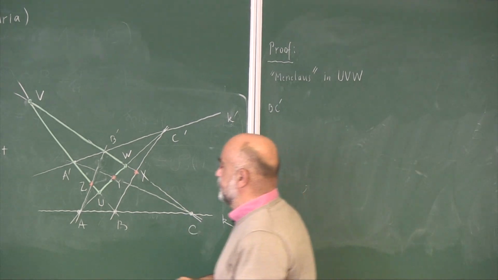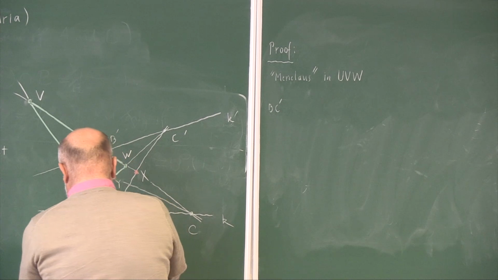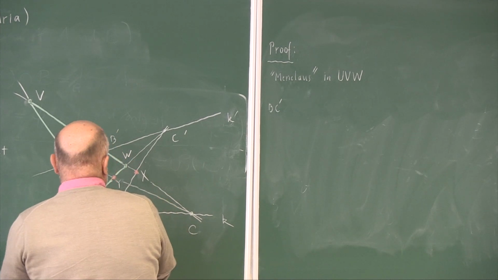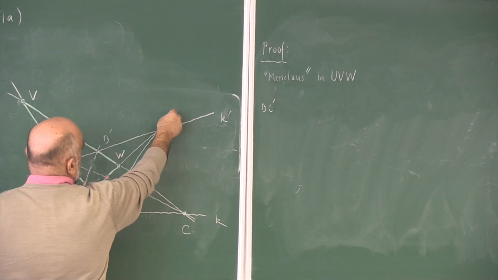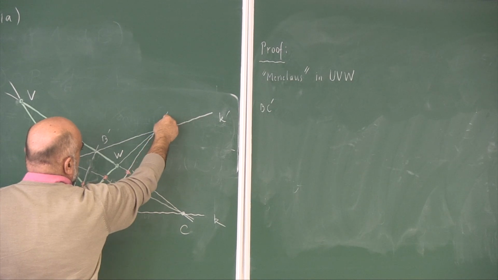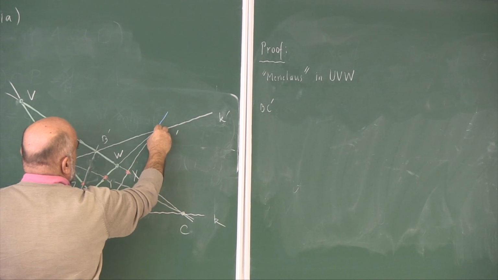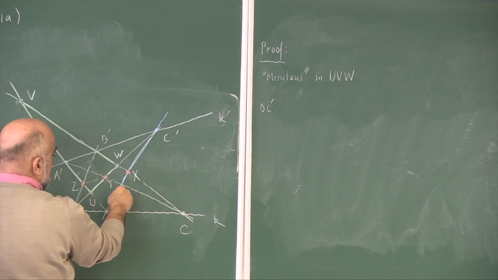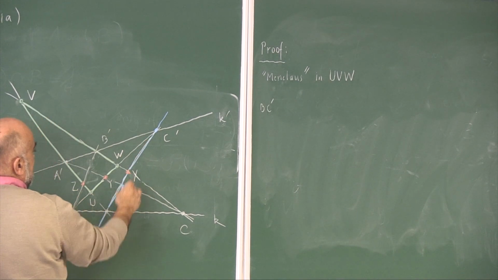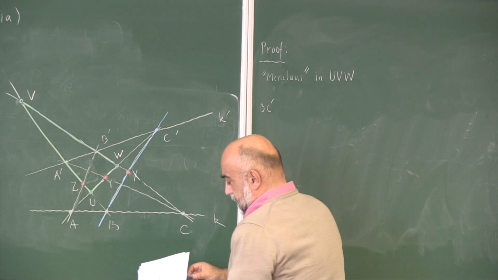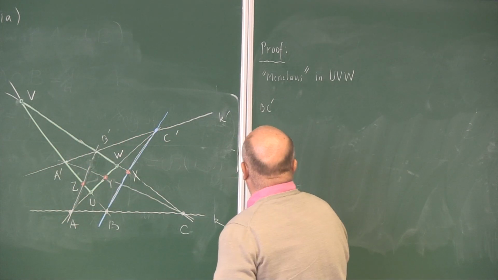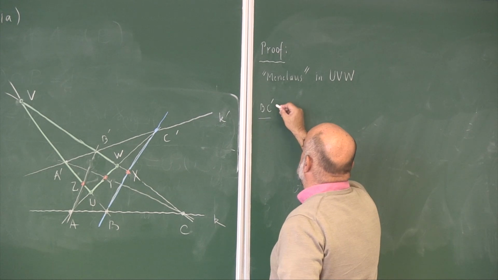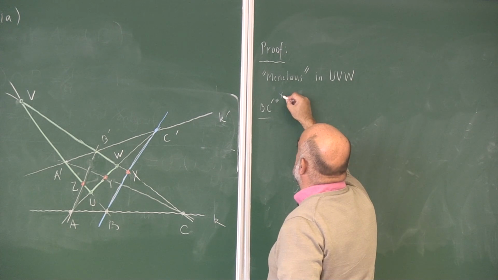Okay, so now that's the line. With this line, I shall be careful. It is the line that contains X. So you can actually write the following. So you can actually write BC prime. Well, this is of course the line XB.